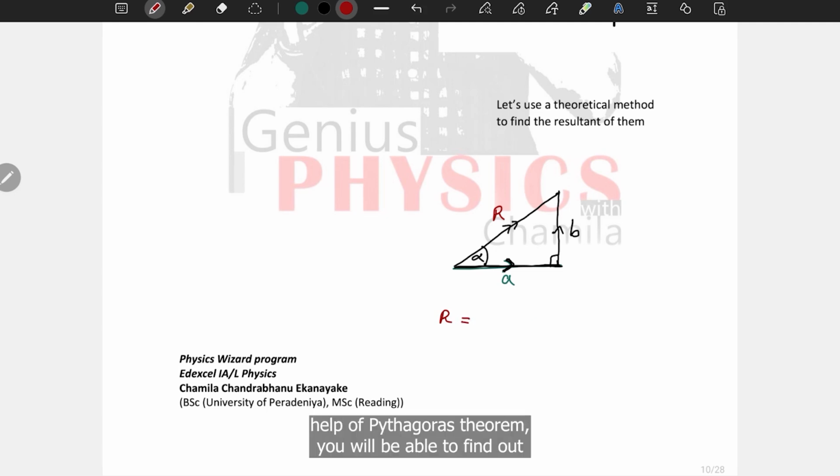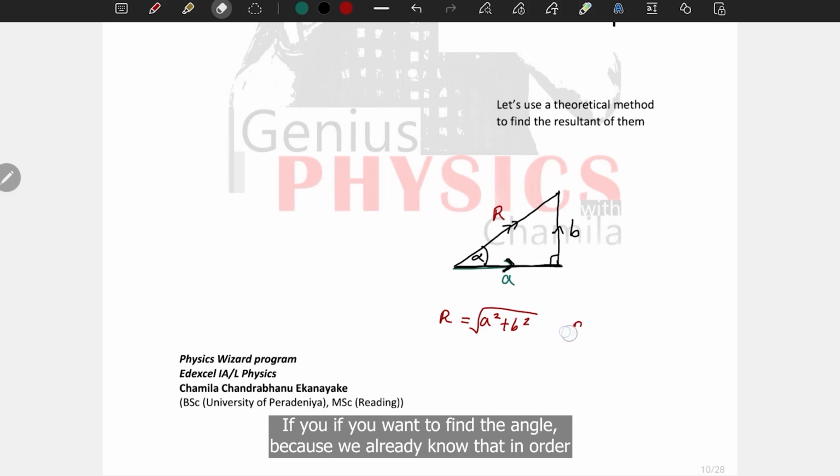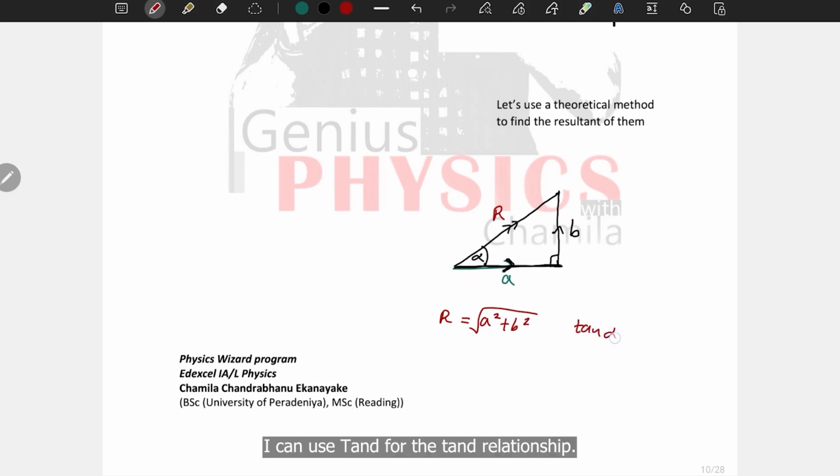With the help of the Pythagoras theorem, you will be able to find R is equal to the square root of A squared plus B squared. And if you want to find the angle, because we already know that to represent the direction properly, this angle matters the most, I can use tan alpha.